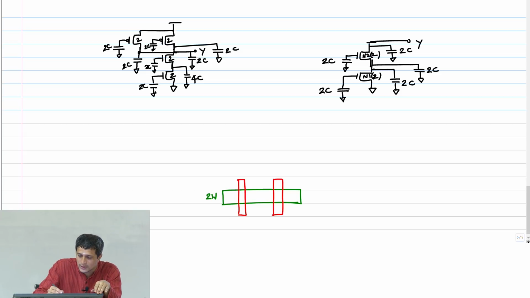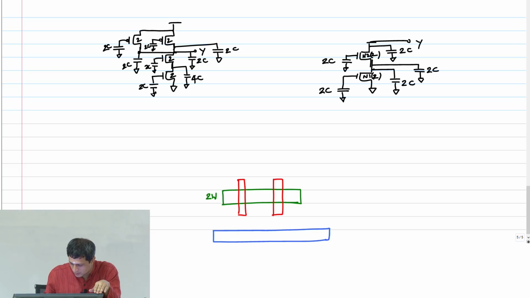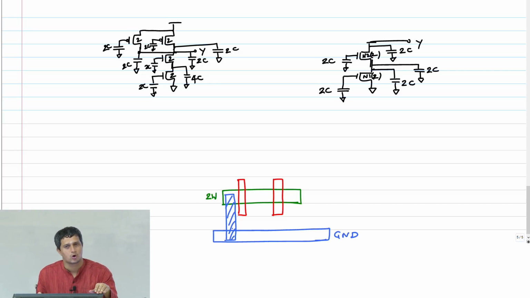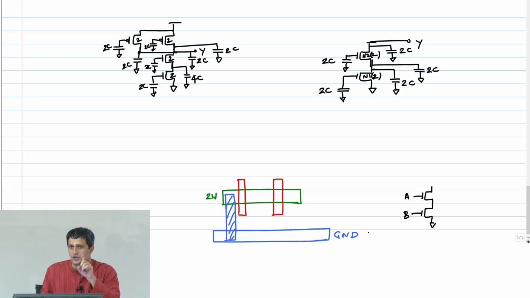So this will basically be my, maybe I should just put a metal one here, ground, and I will connect this to ground. Okay, there are appropriate contacts and all that. So this is basically nothing but my series stack from the output Y to ground. So these are my inputs A and B. So the gates are going to be connected to inputs A and B. A, B.